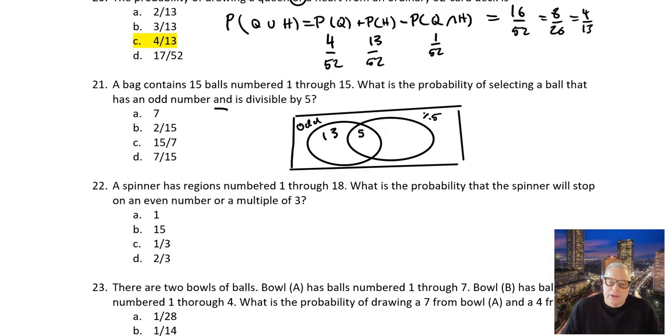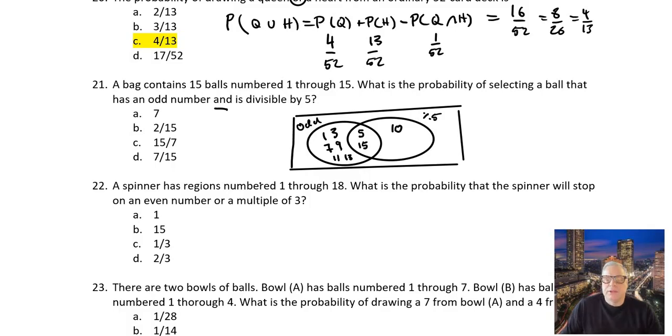Then 7, not divisible by 5. Then 9, not divisible by 5. But now 10 is divisible by 5. Then 11, odd, but not divisible by 5. 12, no. 13 is odd, but not divisible by 5. 14, no. But 15 is odd and divisible by 5.